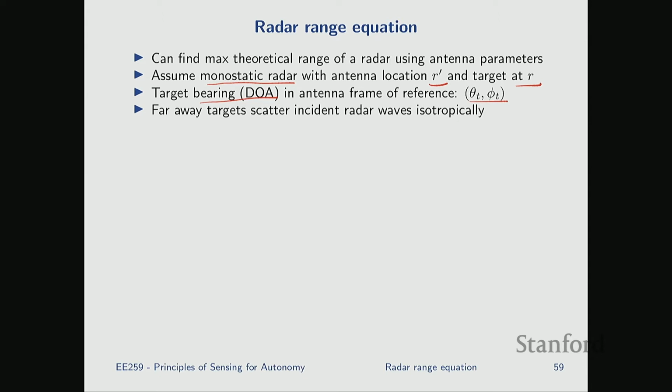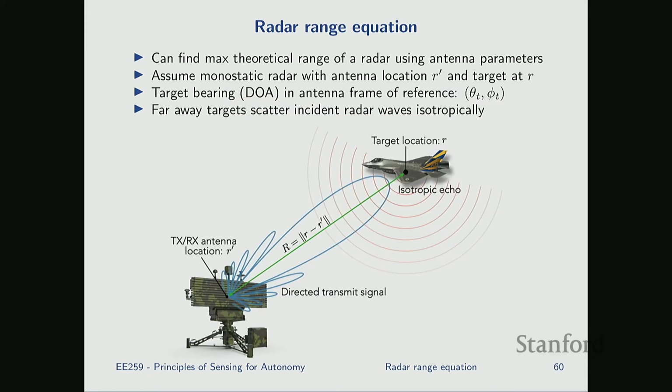And here, always the assumption is that targets that are far away would scatter all the power that's incident on them isotropically. Okay, so we assume it's kind of like the small target approximation. Okay, so here's a picture. You have your radar antenna. Of course, this is not a radar for autonomy, but I thought the picture was cool to show something different. So here's your radar antenna.